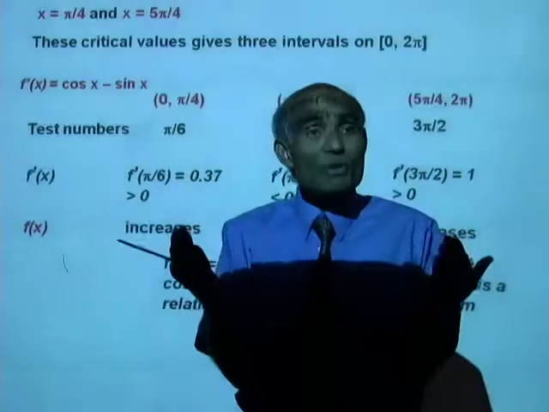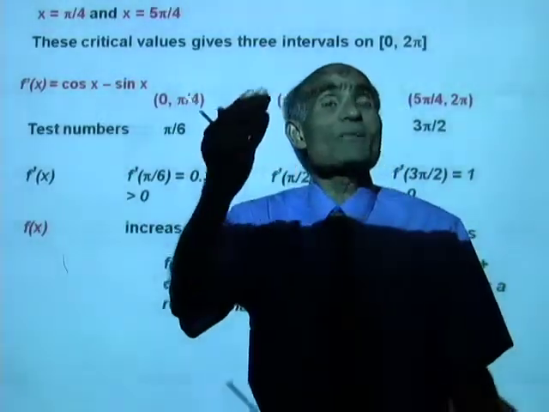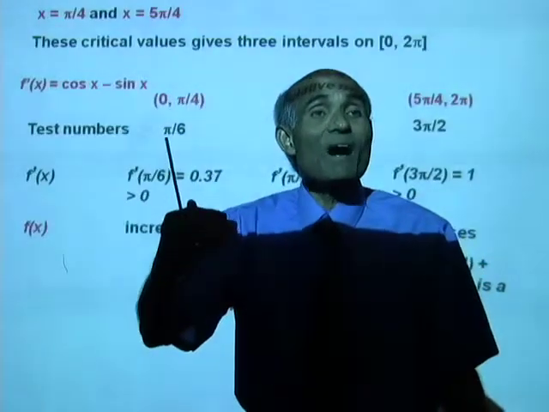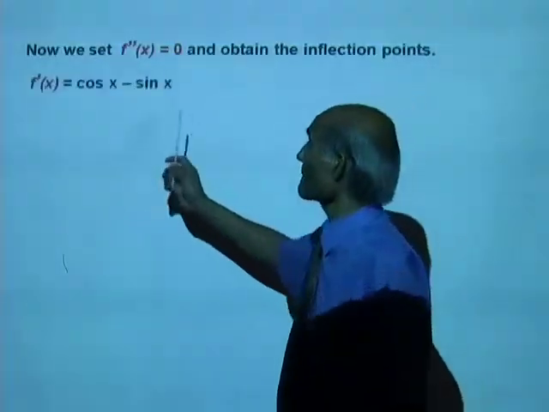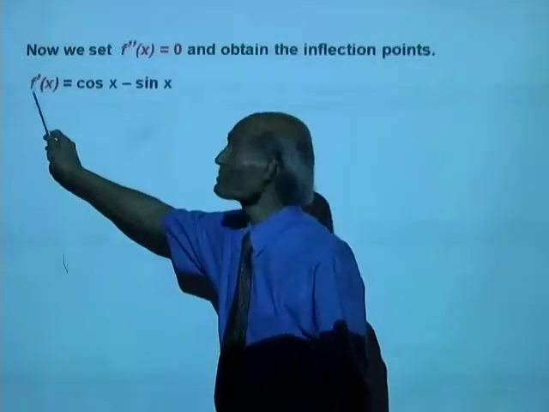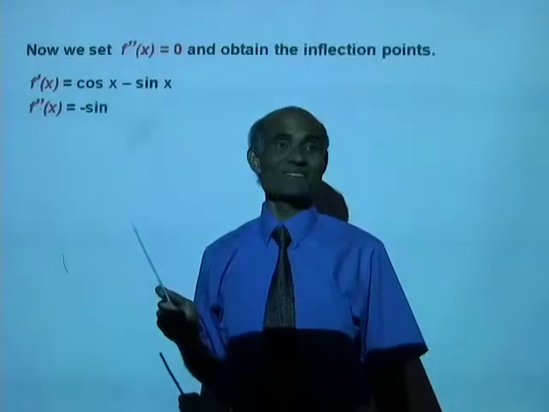And now we've got to figure out where the function graph is concave up and concave down using the second derivative test. Let's do that. Now, you know the first derivative we already did is cos x minus sine x.